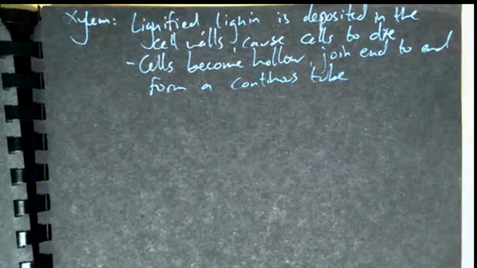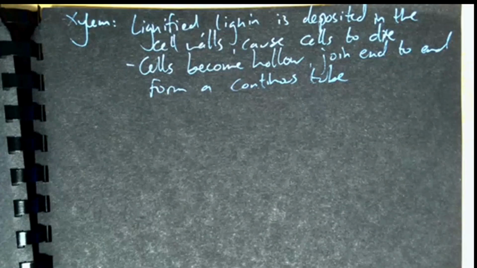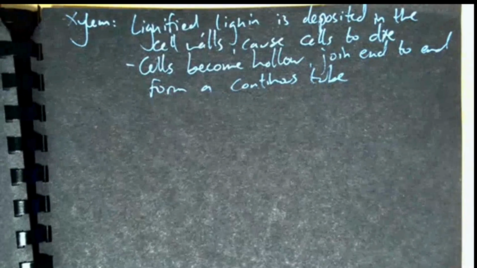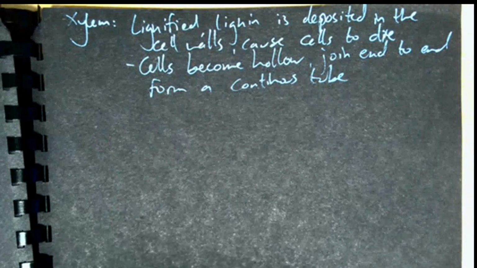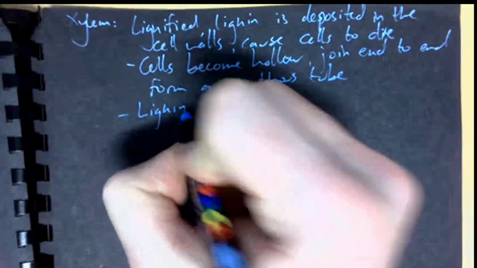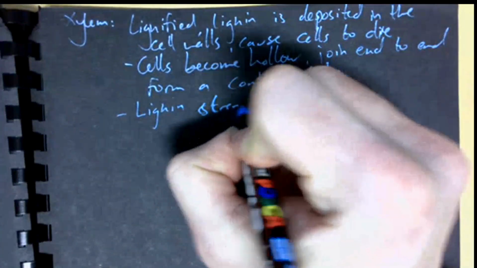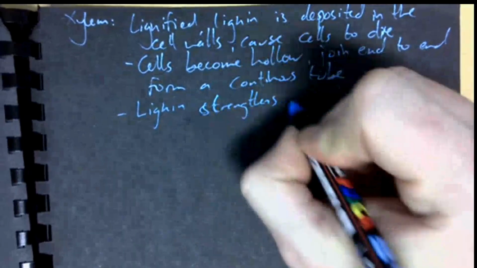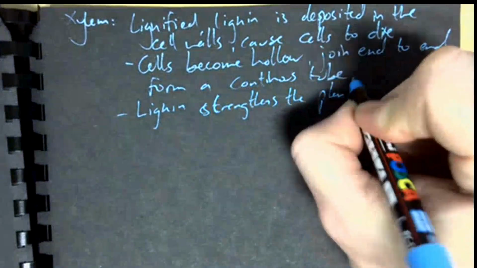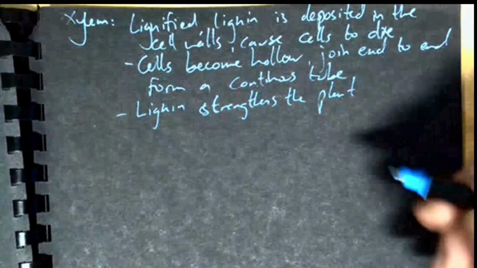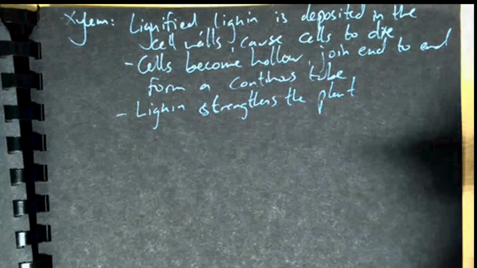And it's this tube that our mineral ions and our water travel through. And the lignin is the thing that strengthens the plant and helps it withstand the water pressure.